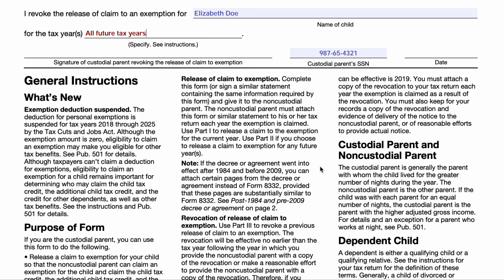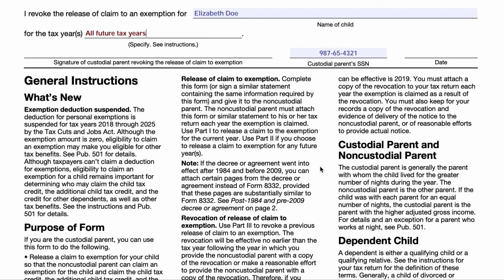If there is a tiebreaker, let's just say John Jr. spent 180 days with John Sr. and 180 days with Mary Jane Doe, and then spent 5 days out of the tax year with grandparents in a third location, then the tiebreaker would go to the parent with a higher adjusted gross income.